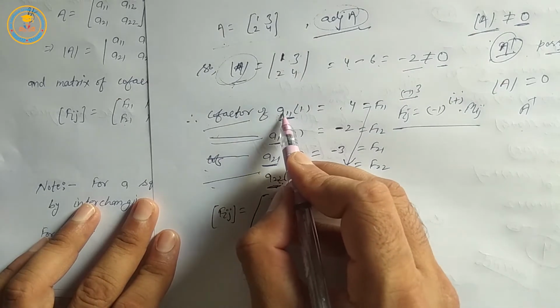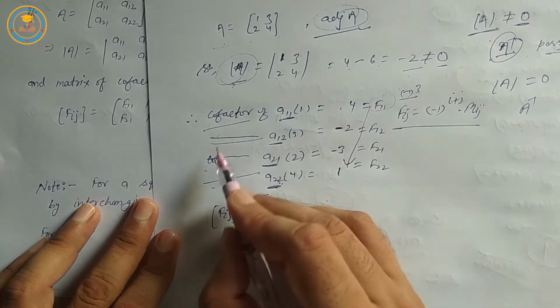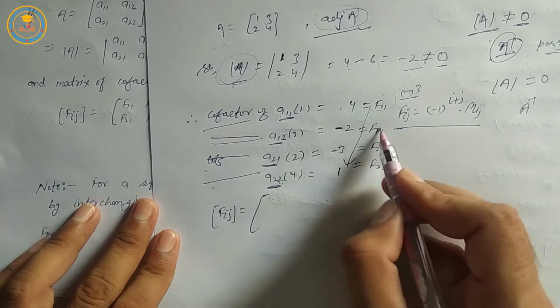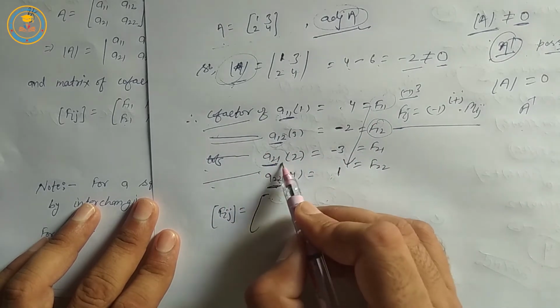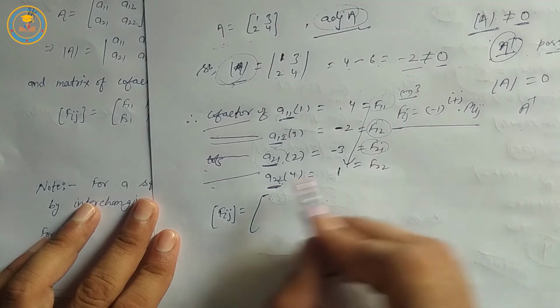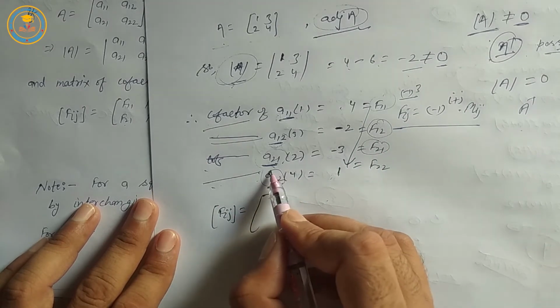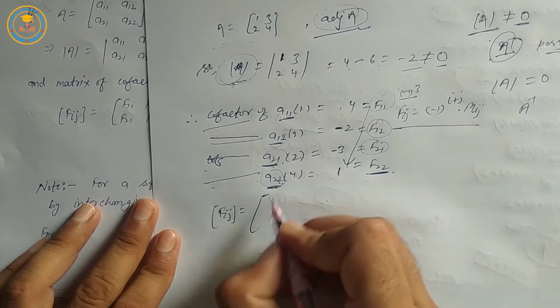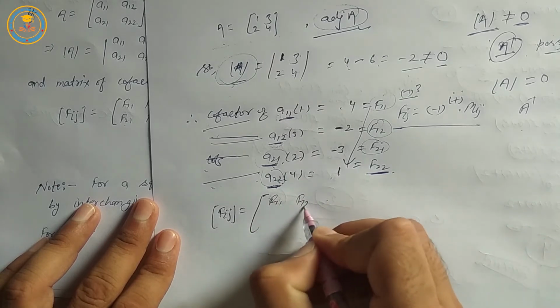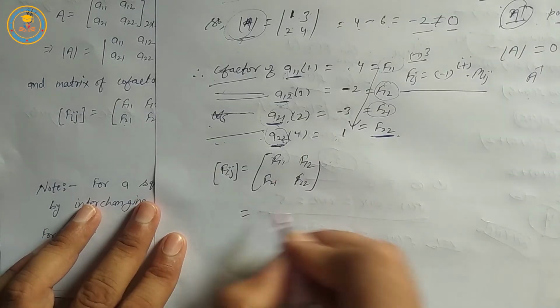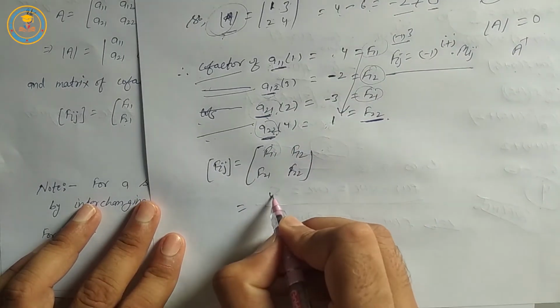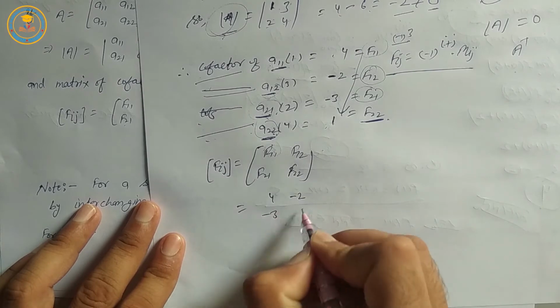Cofactor of element A11 is equal to F11. Cofactor of element A12 is equal to F12. Cofactor of element A21 is equal to F21. Cofactor of element A22 is equal to F22. It means F11, F12, F21, F22 equal 4, minus 2, minus 3, 1.